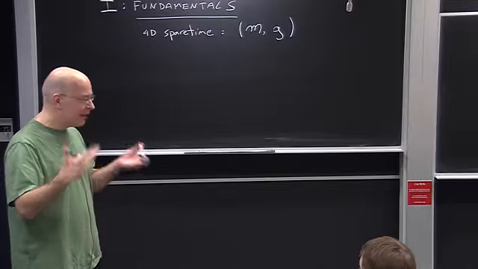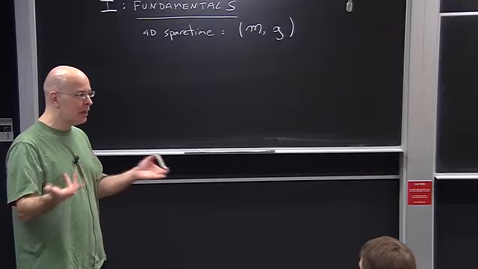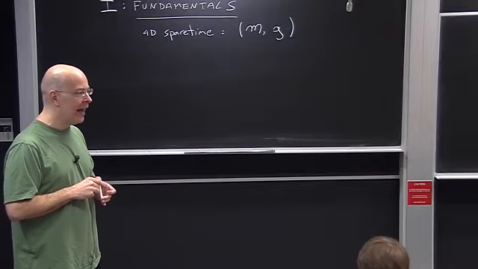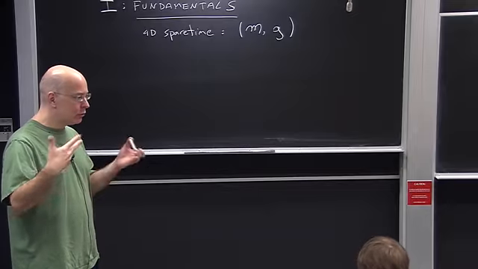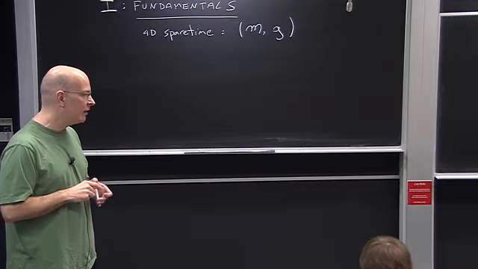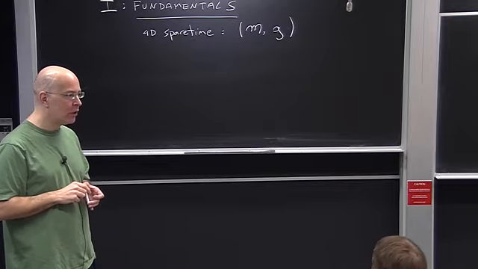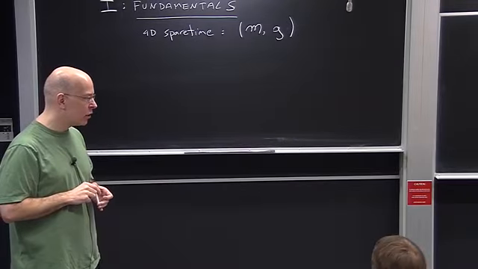You always have to get your hands dirty and evaluate the components of a tensor and do various things like that. And when you're at that stage, you have to introduce the coordinate description of vectors and tensors and everything else. And I just decided to skip a step and do it all from coordinates from the start.